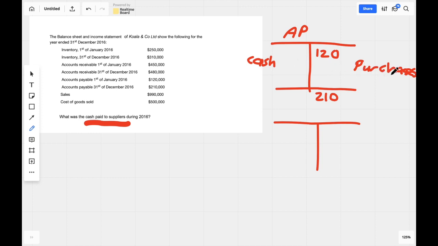In order to work out the purchases, the other side of purchases will be inventory. So we're going to reconstruct the inventory account as well, which is your stock account. In this case it's an asset account. We have an opening balance of $250,000 and a closing balance on the 31st of December of $310,000.